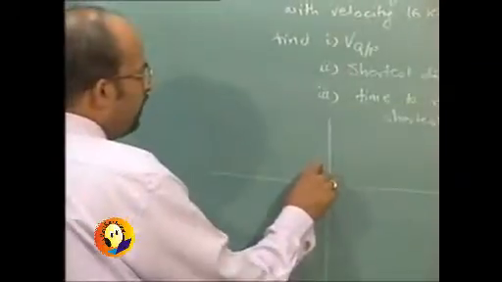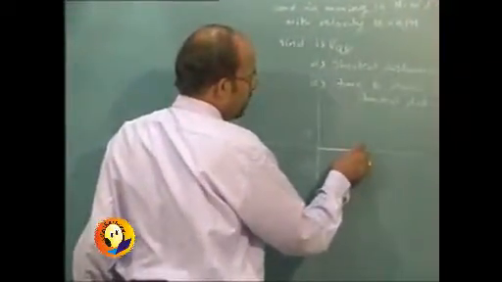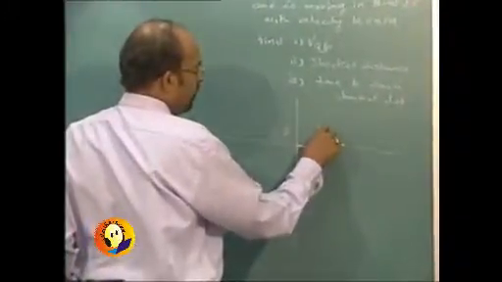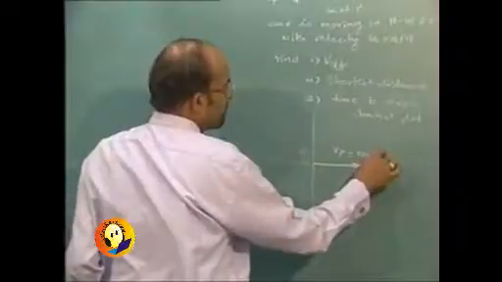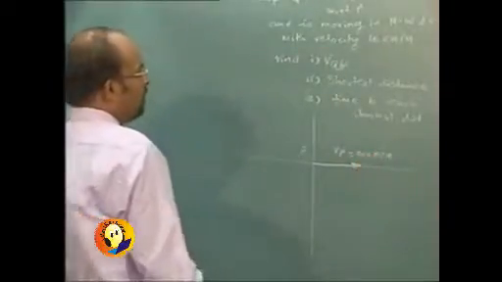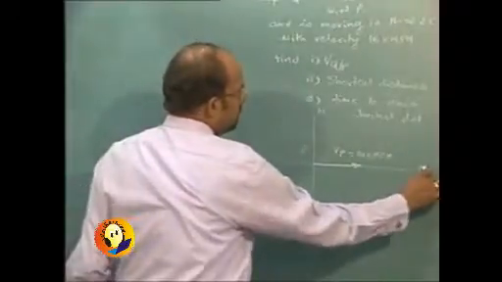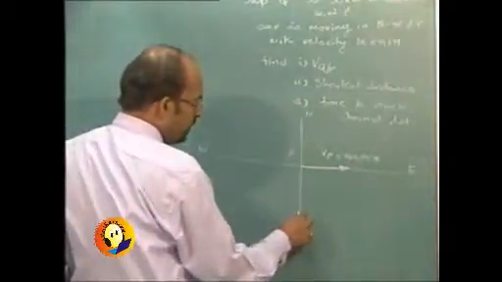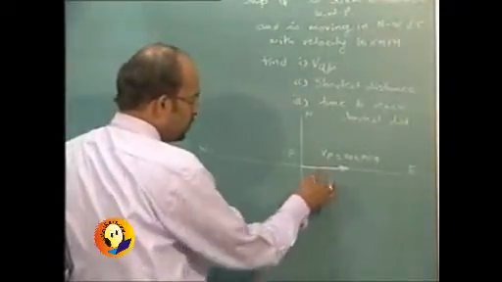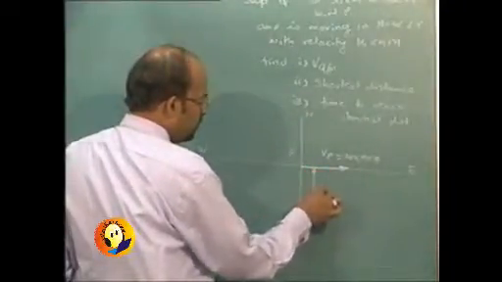Let us draw ship P. It is moving in the east direction. So velocity of P, which is 20 kmph. This is north direction, south, east and west. Q is 30 kilometers in the south direction. So this distance is 30 kilometers.